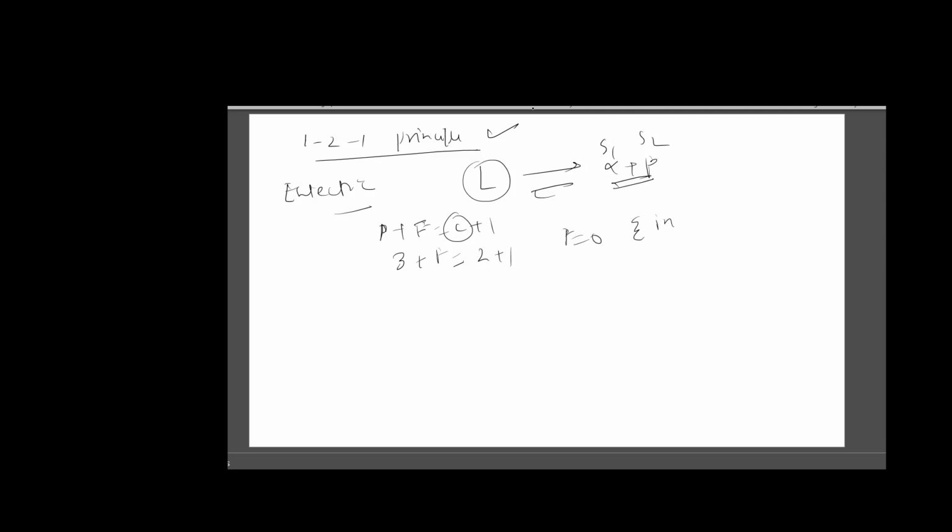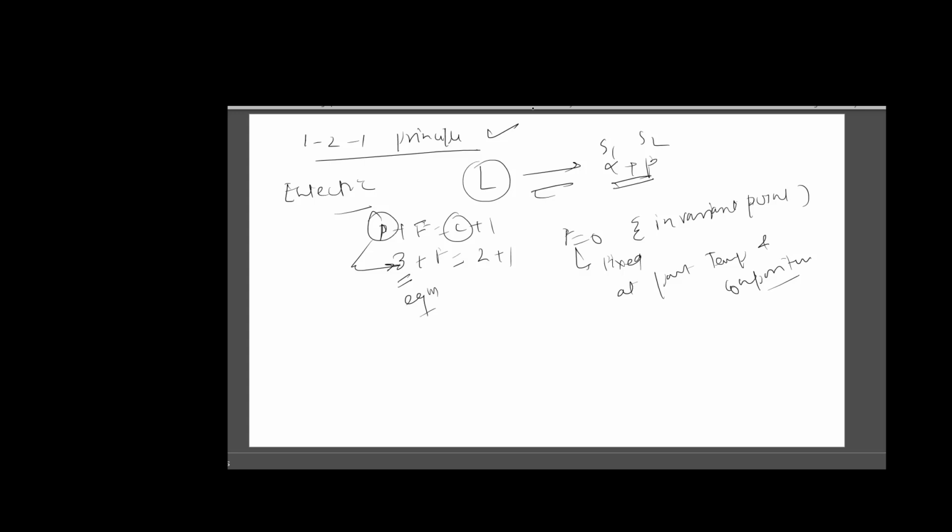So this is called an invariant point. This is generally asked in competitive exams: why is the eutectic point the invariant point? Degree of freedom zero means it is fixed at a particular temperature and composition. You cannot achieve eutectic at some other temperature and composition. And 3 phases are in equilibrium.